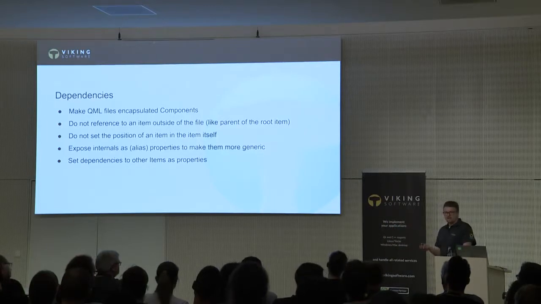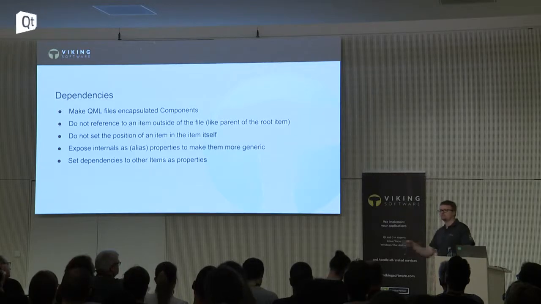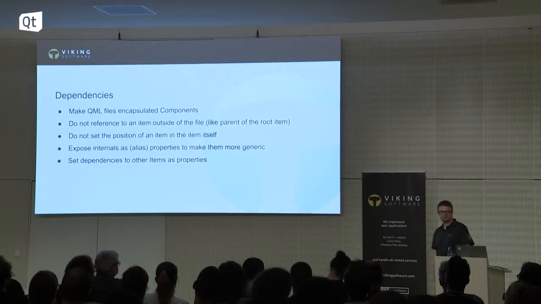Quite often you reference the parent of your root item, so you assume you know who is using your item. This is an assumption you shouldn't make. Just provide a property that's used from outside, as the one using your component knows more about what's going on.